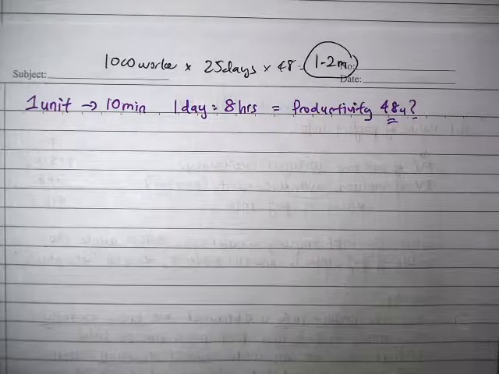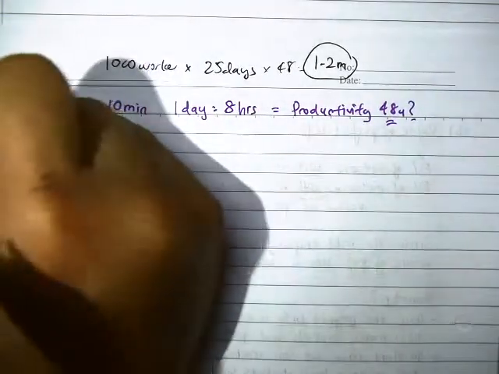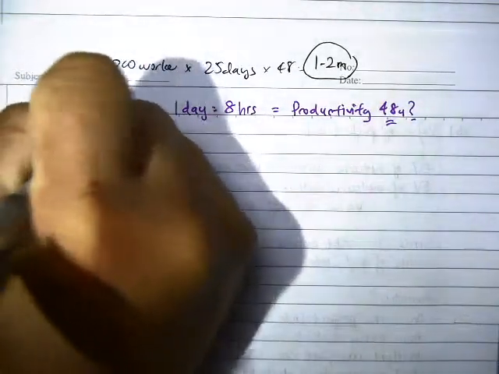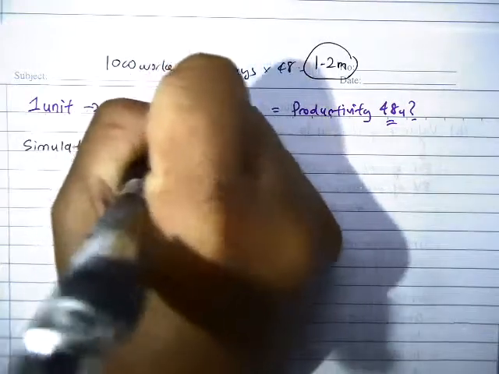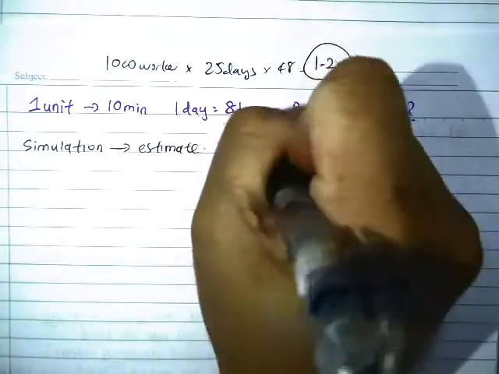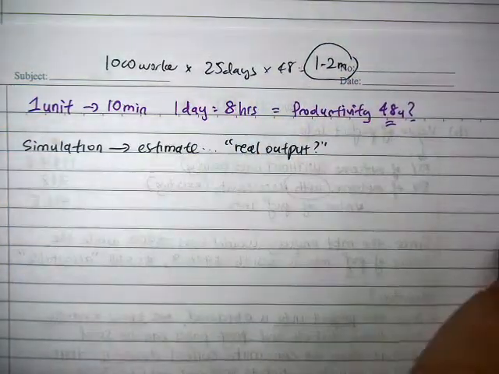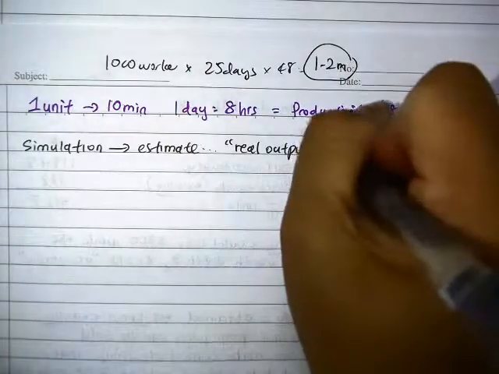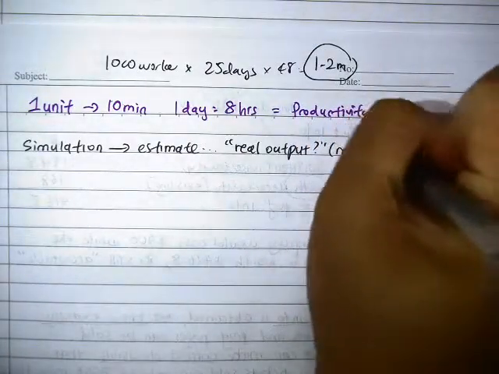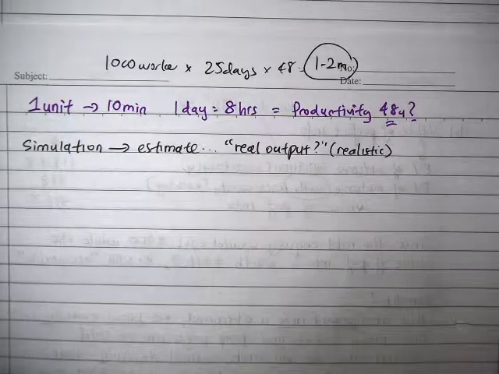Then my budget is wrong. So that's why we need to do a simulation, so that we can estimate what the real output is going to be, a more realistic one.